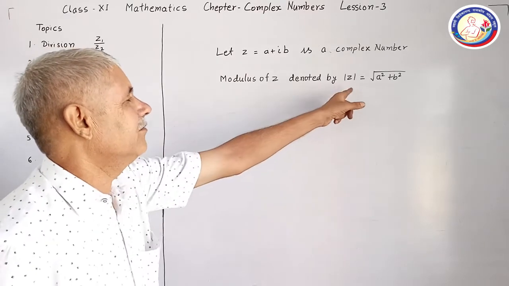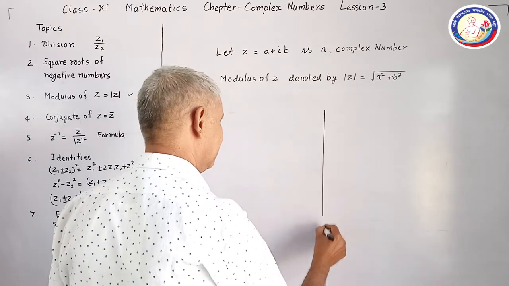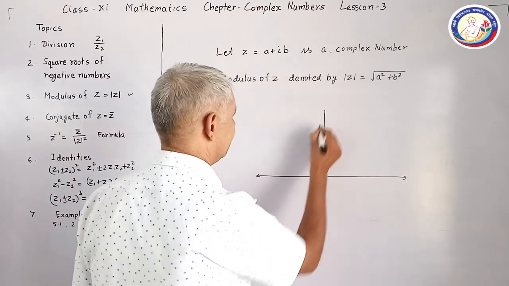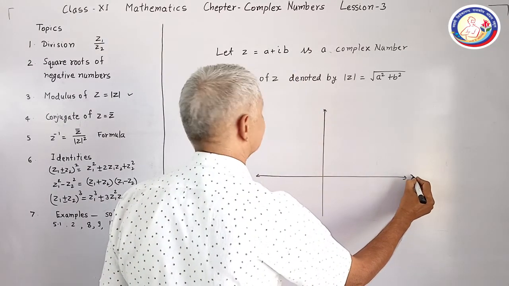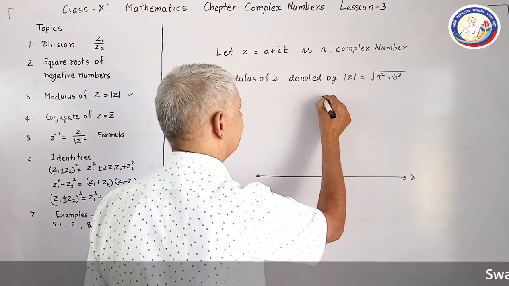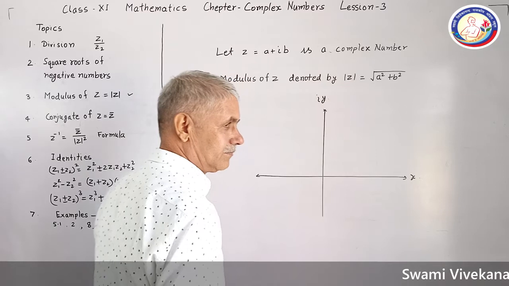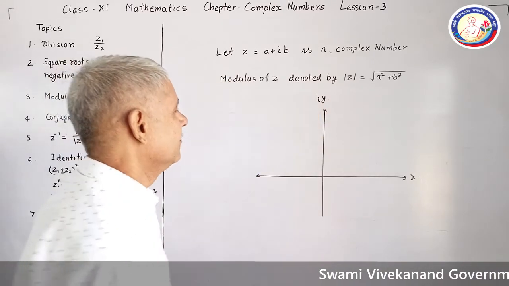In the first lesson I have explained it; again I am repeating. Here is a complex number z equal to a plus iota b. This is the x axis and this is the y axis, with the imaginary quantity multiplied by iota.